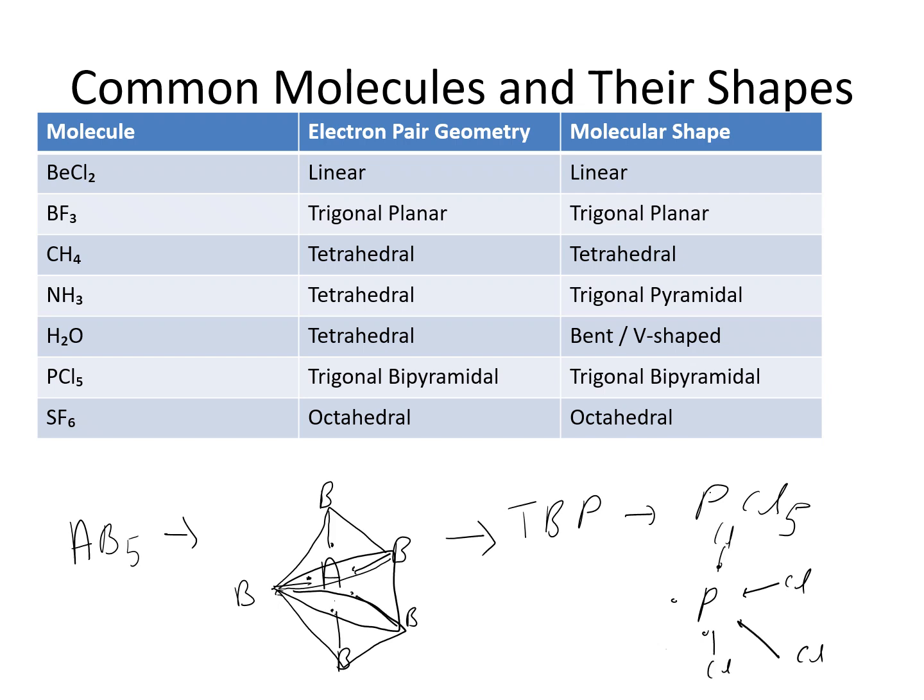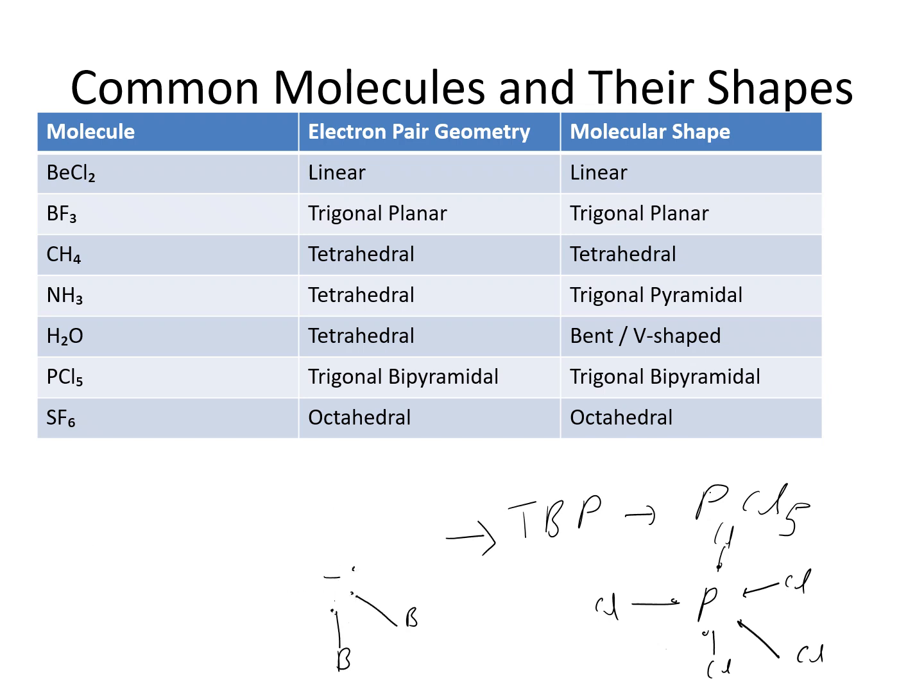These all are examples of regular geometry. VSEPR theory has been divided into two types of molecules: first, those which show regular geometry, and second, those which show distorted geometry. What is the reason behind the distorted geometry? The reason behind the distorted geometry is the presence of lone pairs of electrons.